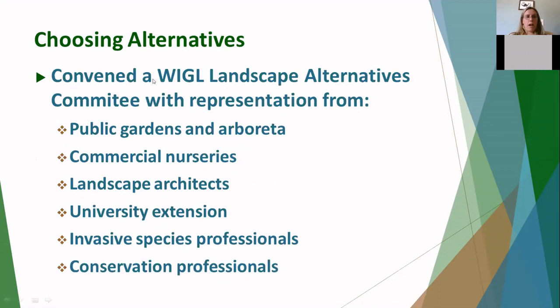So for this part, I'm really talking about the work we did with Wiggle. I'm not sure exactly what process WIFDN and Ann went through to do their alternatives, but for the Wiggle part, we basically convened a landscape alternatives committee with good representation from public gardens and arboreta, Morton Arboretum obviously, but also others from the region, to commercial nurseries, landscape architects, this is kind of the private sector here, university extension, mostly not the weed science or the invasive species folks, but the horticulture extension folks.